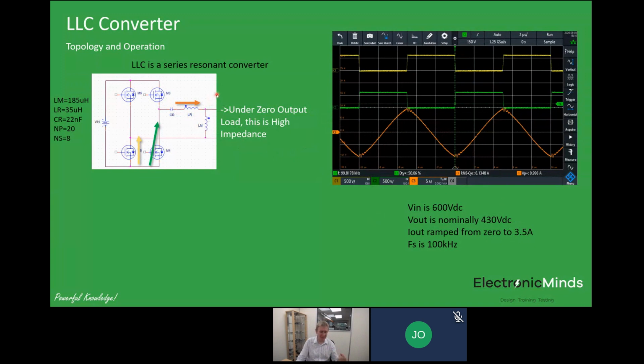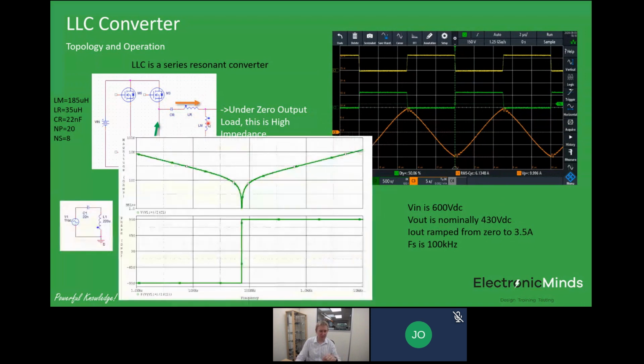Now, if I look at the impedance of CR, LR, and LM, you can see here that if I plot that impedance over frequency, if we're below the resonant frequency, which would be 1 upon 2 pi root LC, the capacitor dominates behavior, and we get an impedance that comes down with frequency, and it behaves with a phase shift which looks like a capacitor.